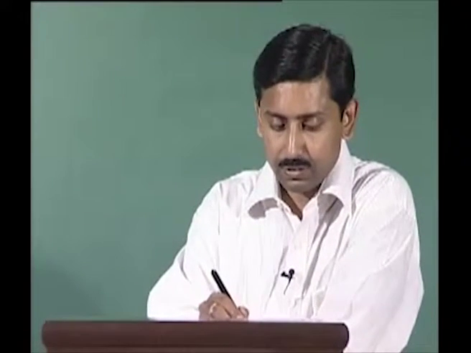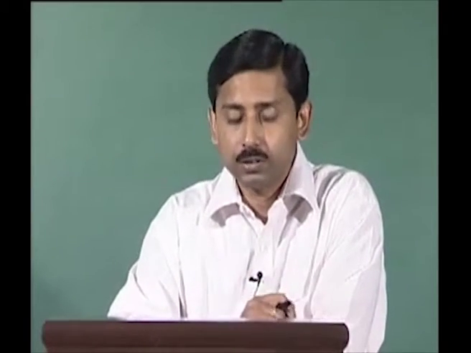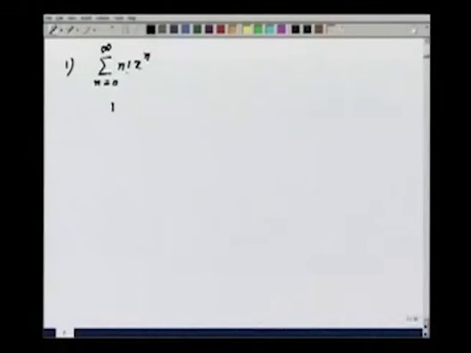So here the infinite series is summation n from 0 to infinity factorial n times x to the power n. So I fix x and I want to check for which values of x this would make sense. So I try to apply my ratio test. That means I have to look at the modulus of the (n+1)th term, that is (n+1) factorial times x to the power n+1, divided by the nth term, that is factorial n times x to the power n, and then I have to look at the limit as n goes to infinity.